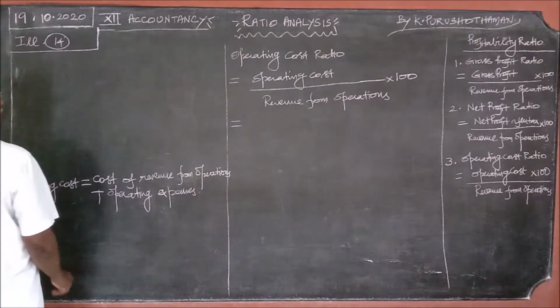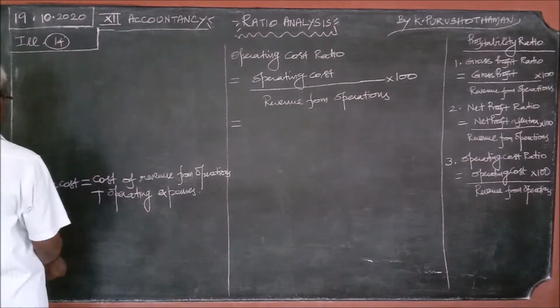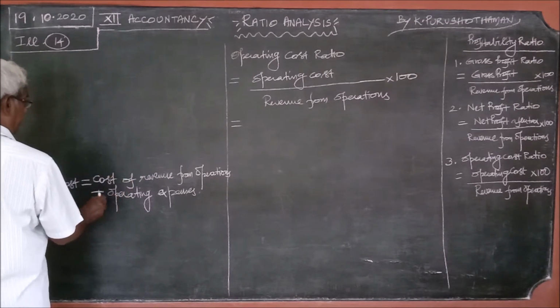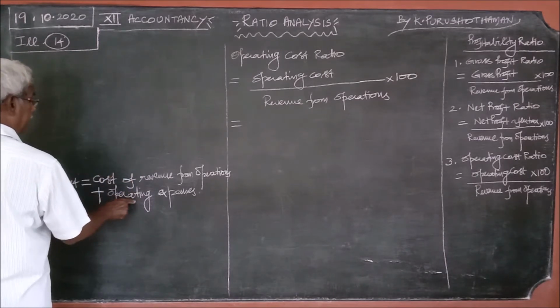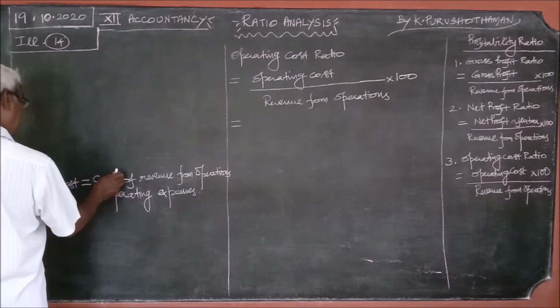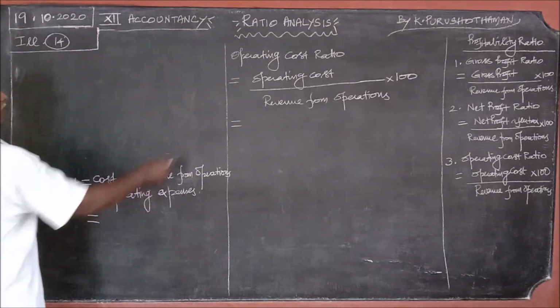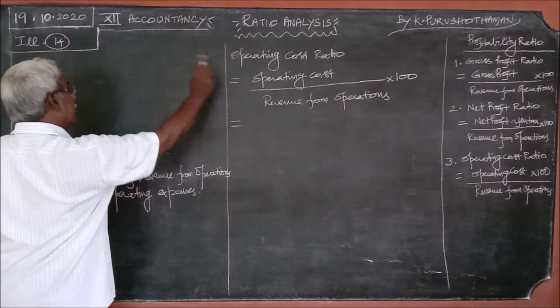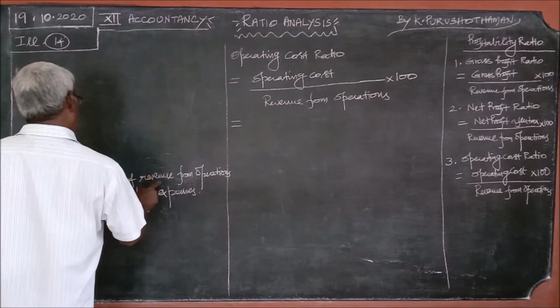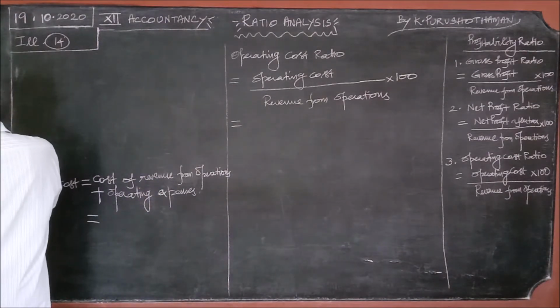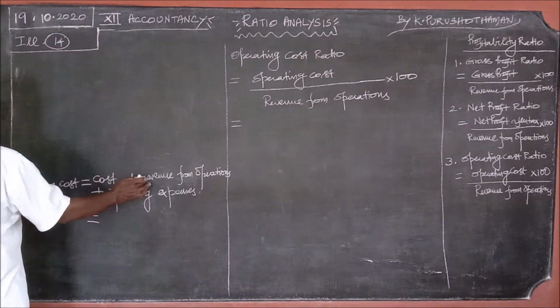So what we must do for the numerator, we should find the cost of revenue from operations, then we should find the operating expenses, and afterwards we should add these two to find the operating cost, which can be substituted there. So for the first item, cost of revenue from operations, we shall first find the first term.